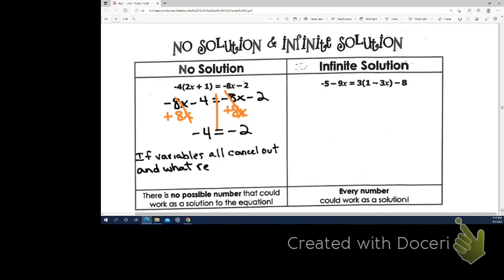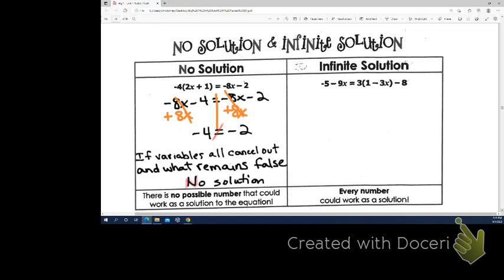In other words, negative 2 and negative 4 are not equal. So what remains here is false. They are not equal. That means there's no solution. There is no possible number that could work as a solution to this equation.